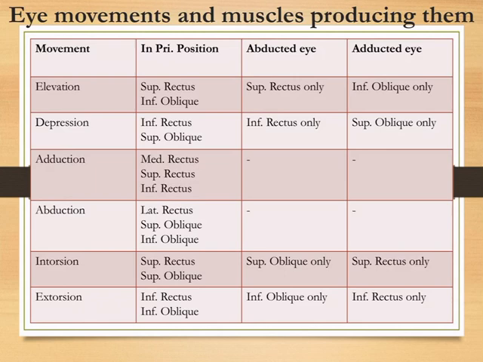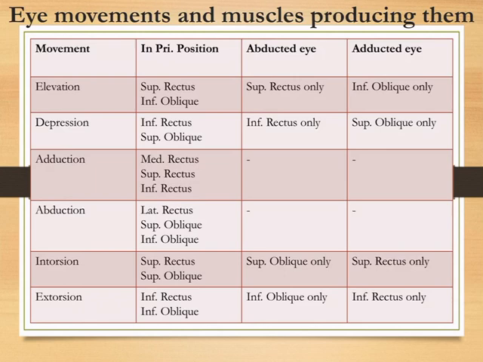So we are looking at movements and the muscles that produce them, like how we do when we study joints. Elevation is brought about by the combined actions of superior rectus and inferior oblique in the primary position, which means that to cause pure elevation, the superior rectus has to act along with the inferior oblique because they're both elevators, but one's tendency to adduct has to be neutralized by the other's tendency to abduct.